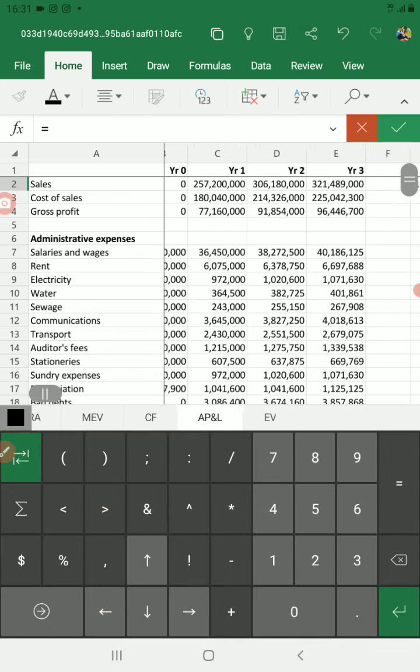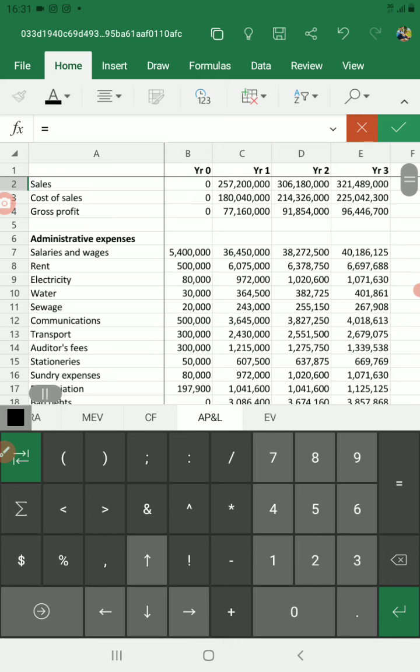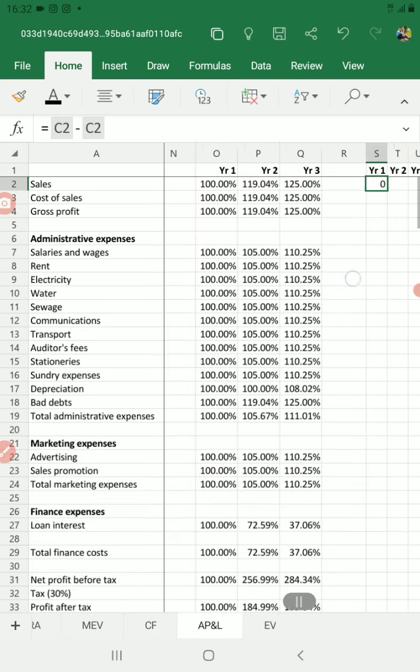So year one, the current is this one, and the previous is the same because that's where we start. So this one minus this one, it is going to be the same. That is for year one.